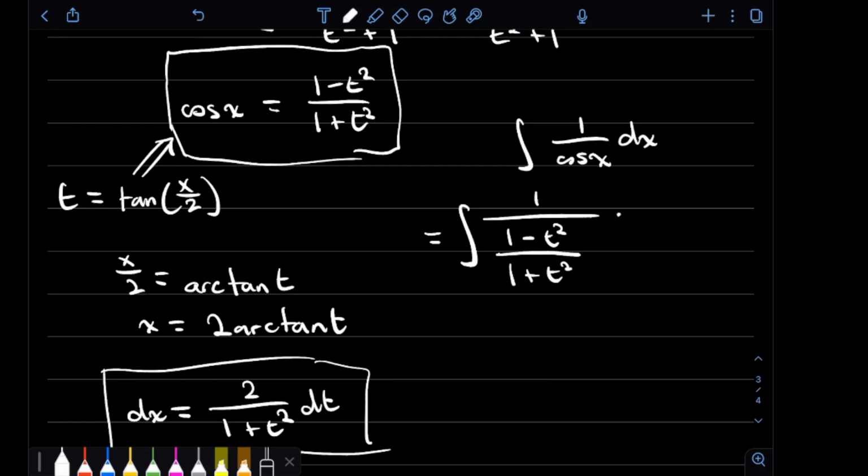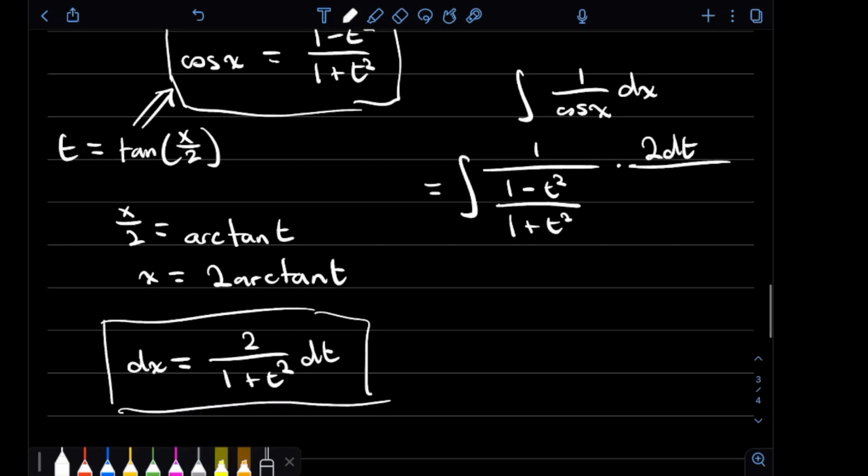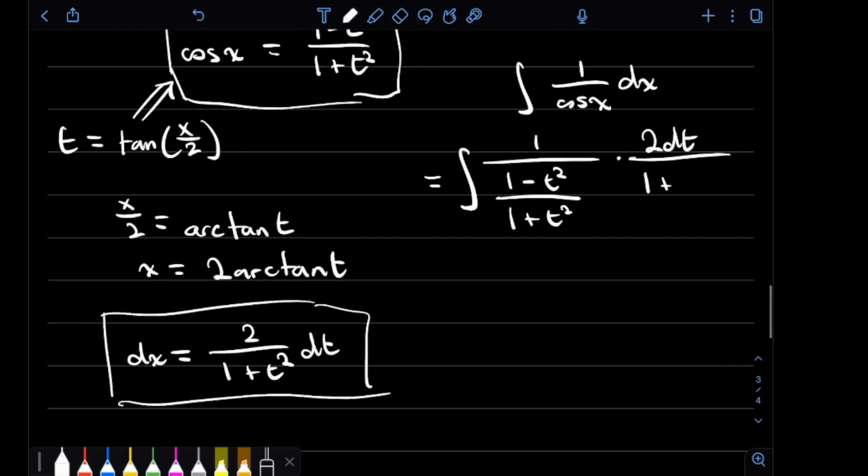And here the dx turns into 2 dt on the top, over 1 plus t squared here. Now, see, something convenient happens here. These happen to cancel out. So we get the integral of 2 over 1 minus t squared.